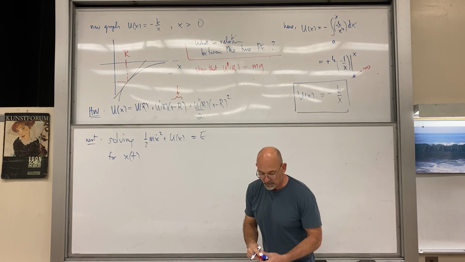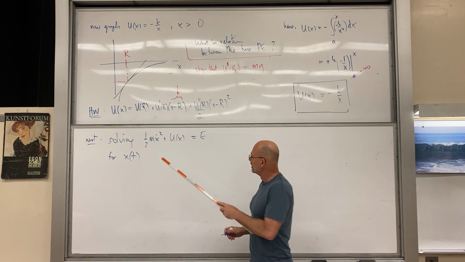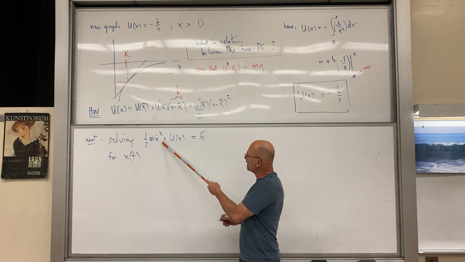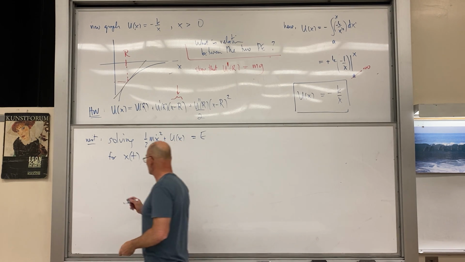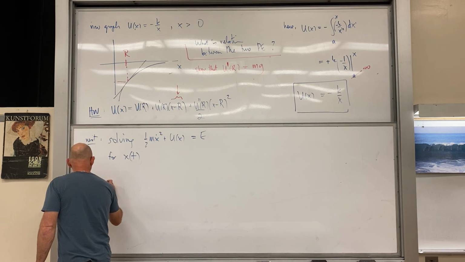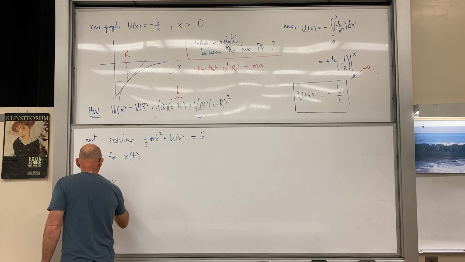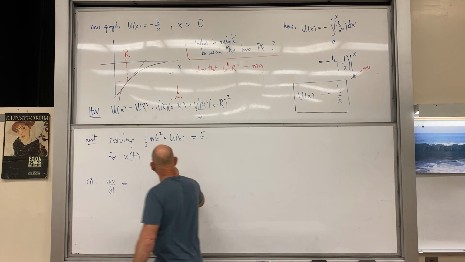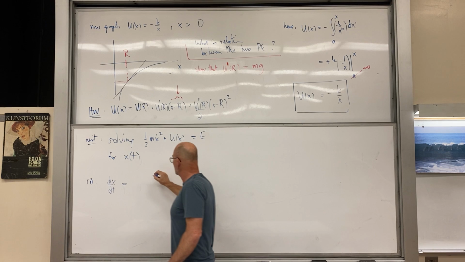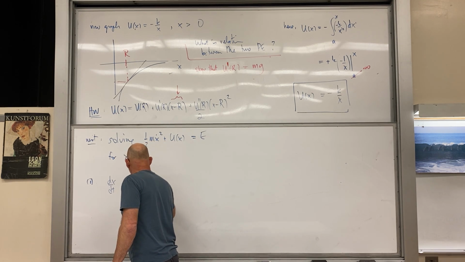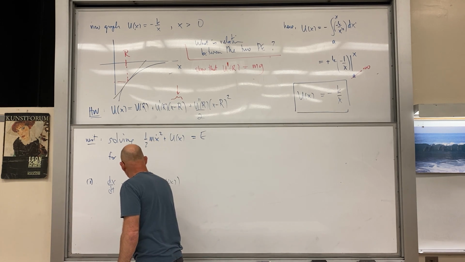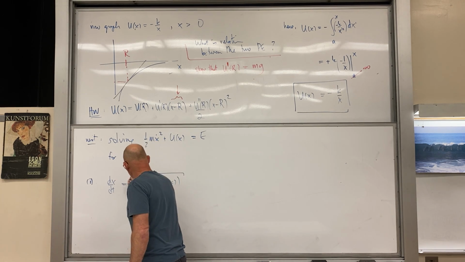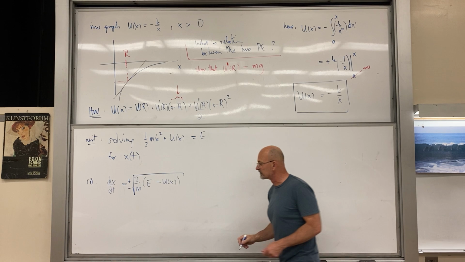What we do is first express x dot as dx dt and solve for it. So first, dx dt is equal to, well, we'll just isolate it. We'll have 2 over m e minus u of x, take the square root, plus or minus. Okay, so that's the first step.